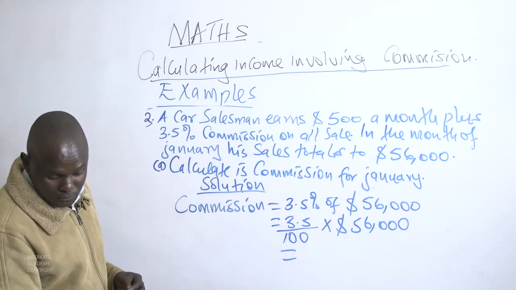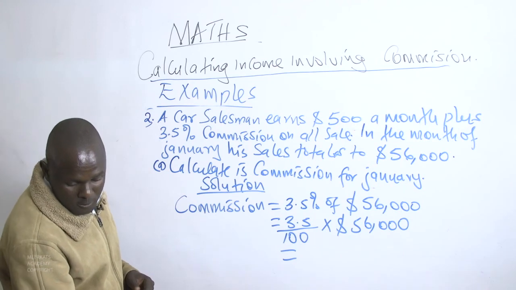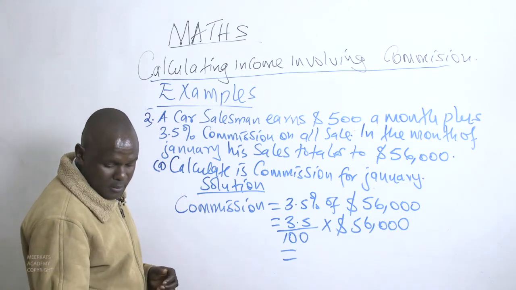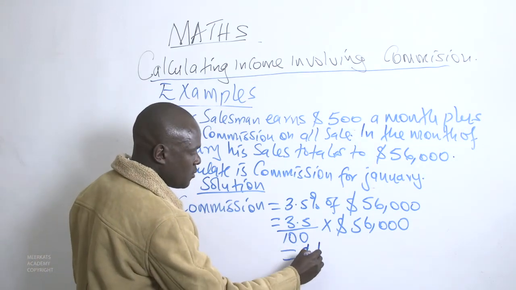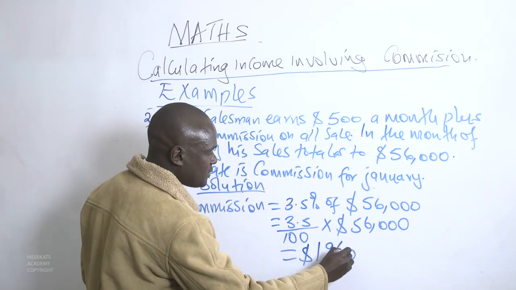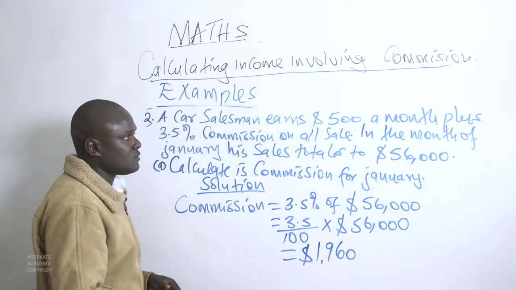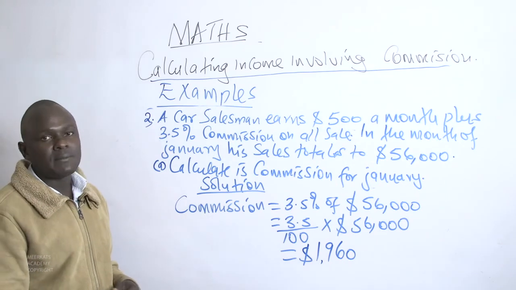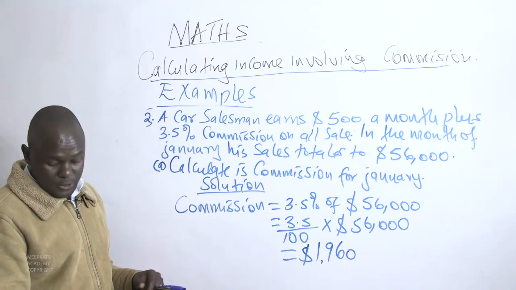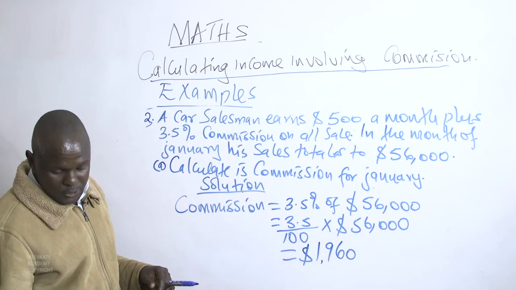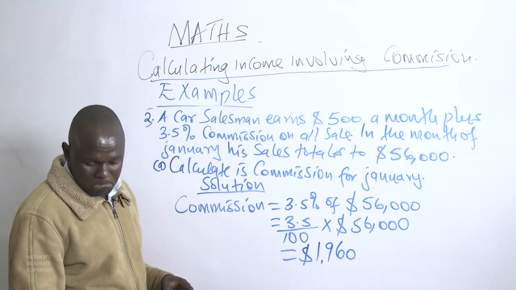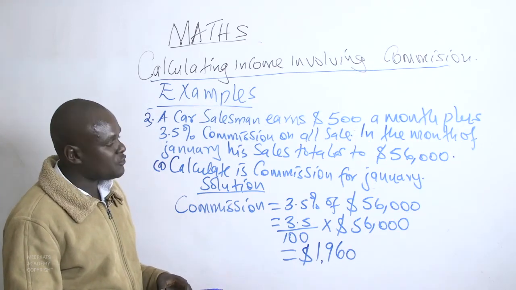This commission will be $1,960. This is the commission for the salesman. The second question is we need to calculate his gross income for January.